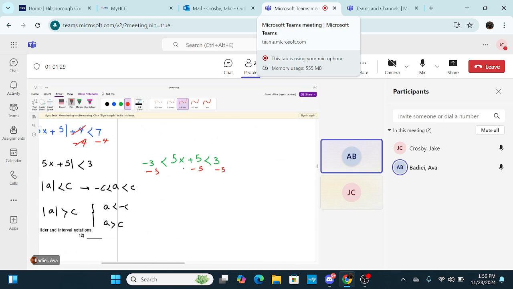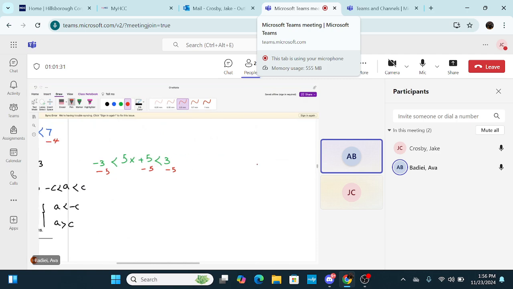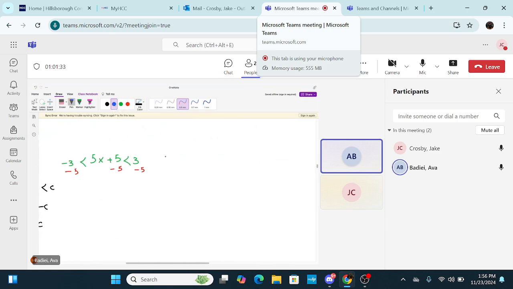We are going to get what? -8 is less than 5x, which is less than -2. And then how do we get x? Divide them all by 5.